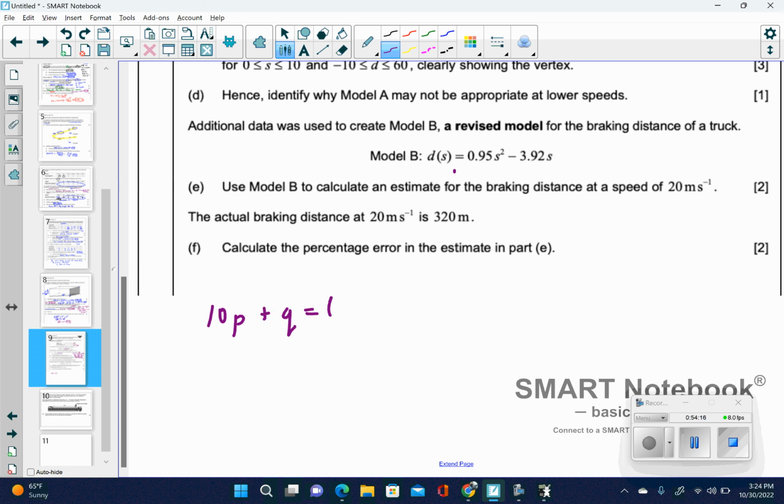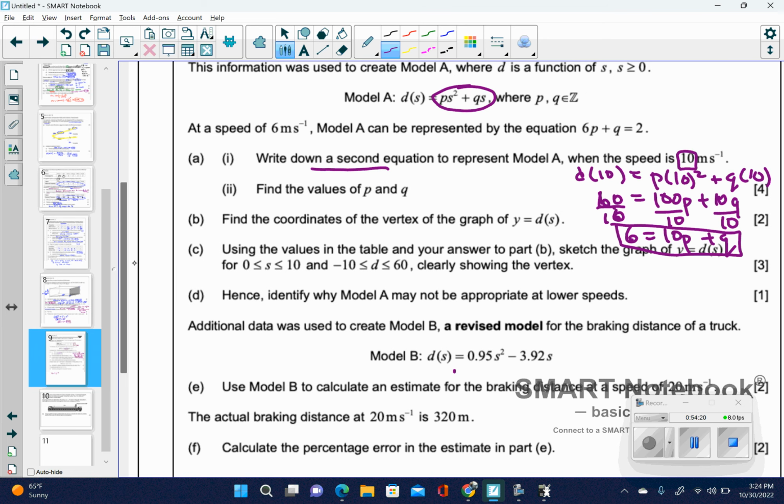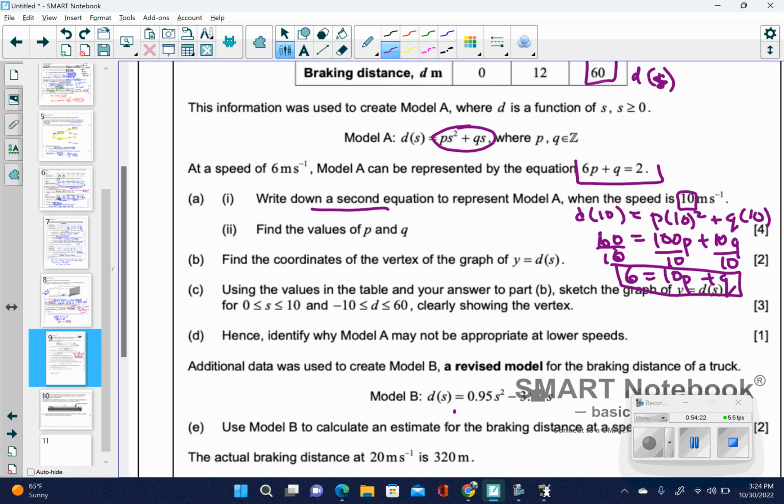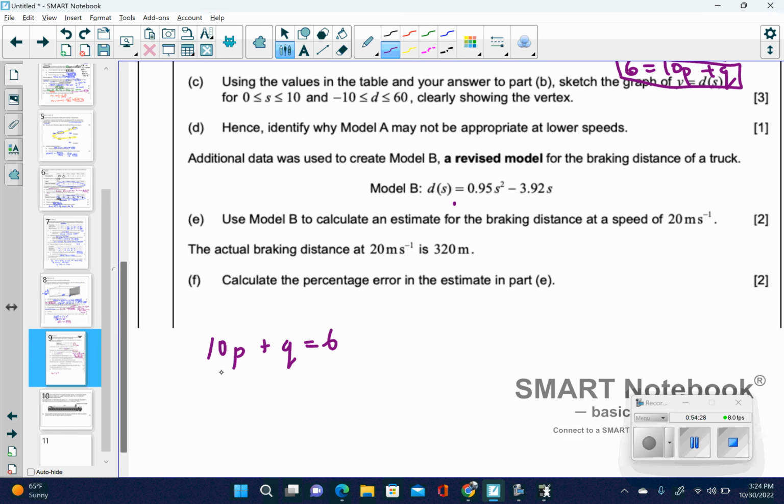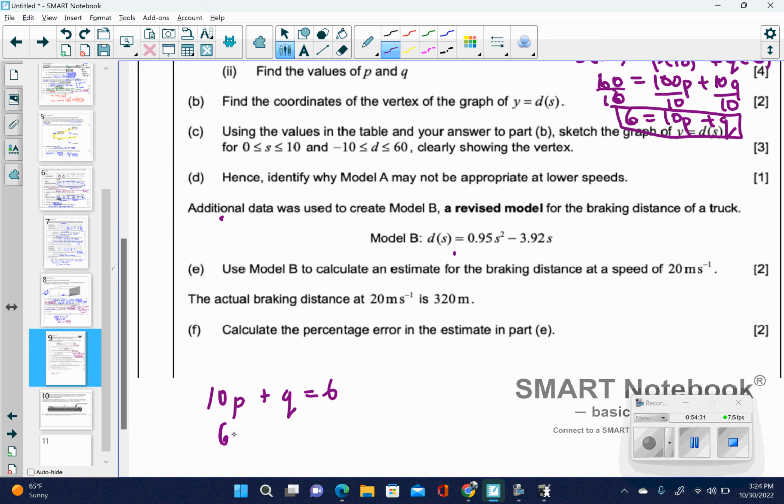I put it this way because the model they gave us has the number by itself at the end. And the second is 6P plus Q is equal to 2. So those are our two equations.